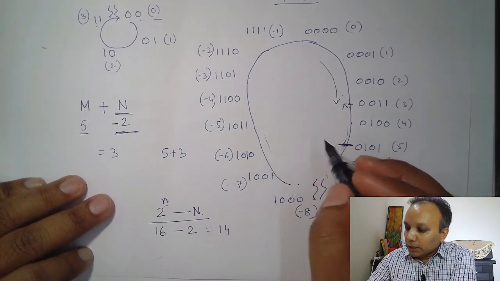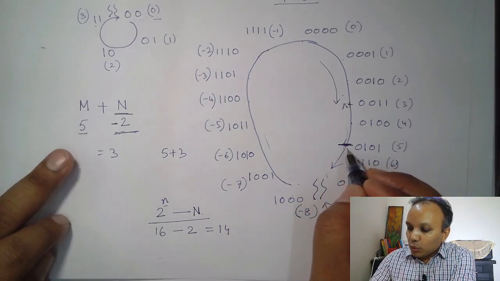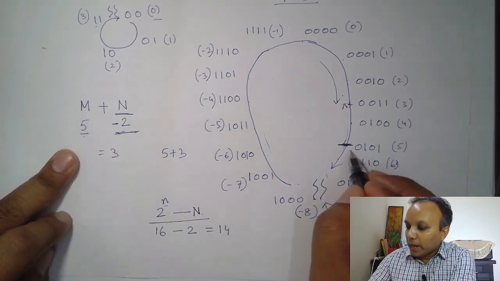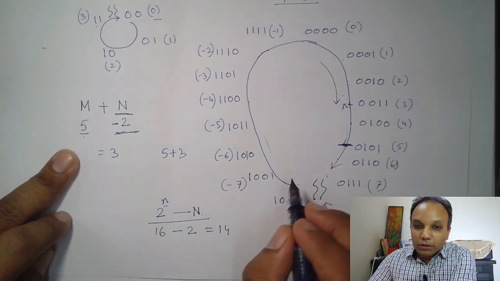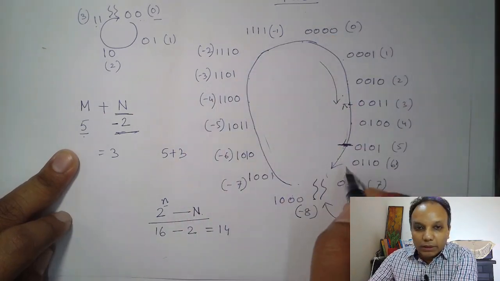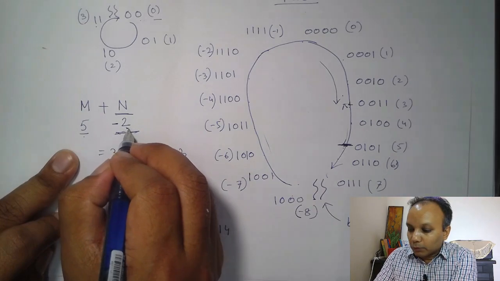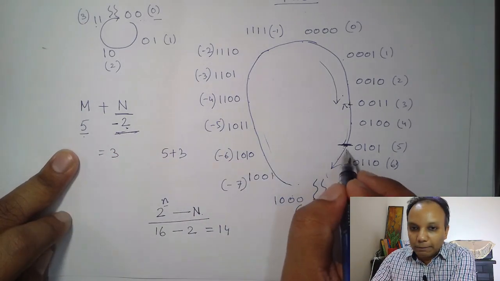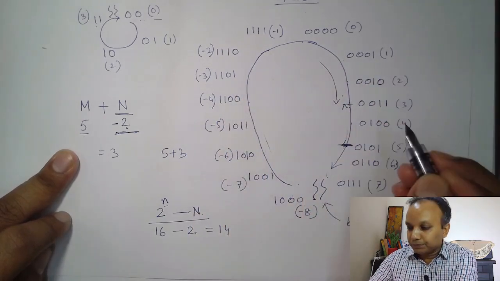So the observation here is that if I need to add minus 2 with 5, I can move from 5 in the clockwise direction. Now how many steps should I move? The total number of numbers in the number circle minus this absolute value. So 16 minus 2, that is 14 steps I have to move in the clockwise direction to reach the answer.